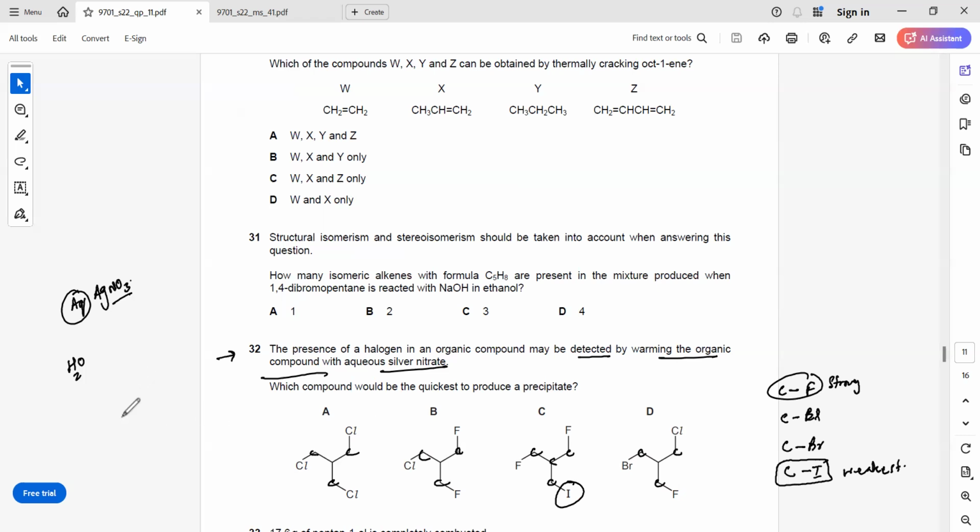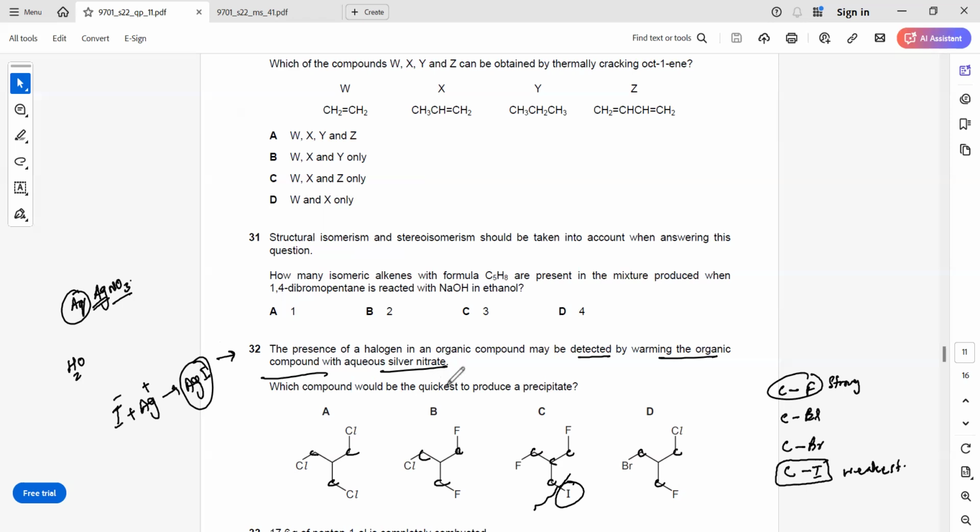And when iodide is in the solution after the breakdown of this bond, it will combine with silver ion and give us a yellow precipitate of silver iodide.